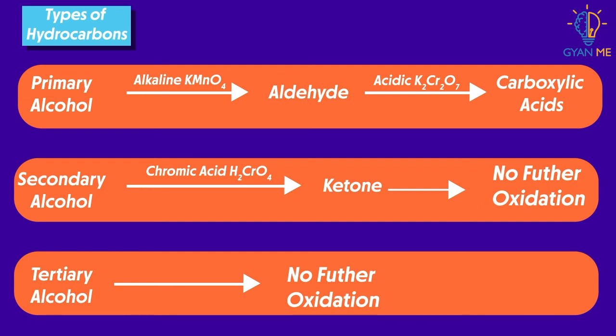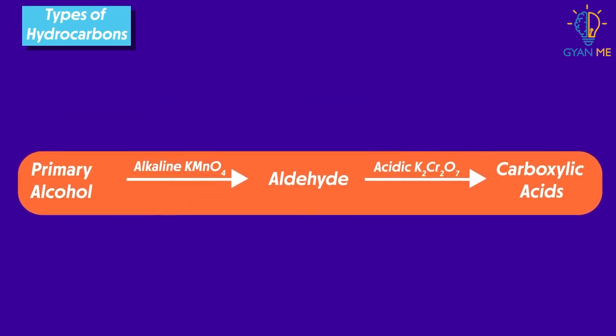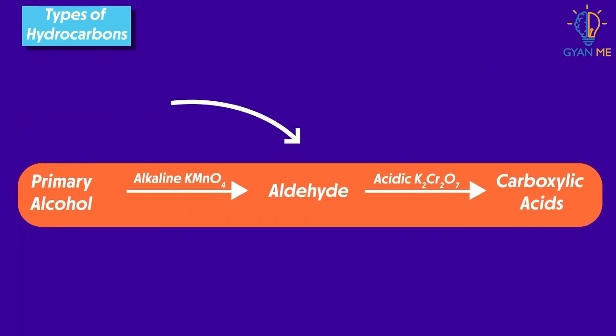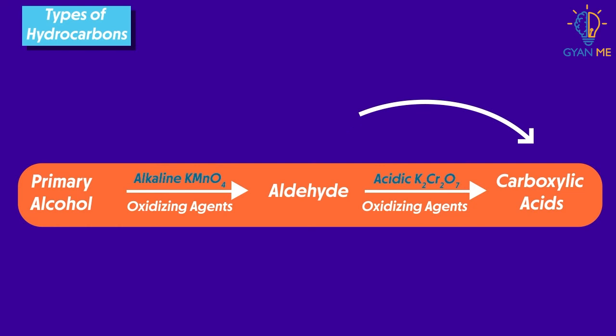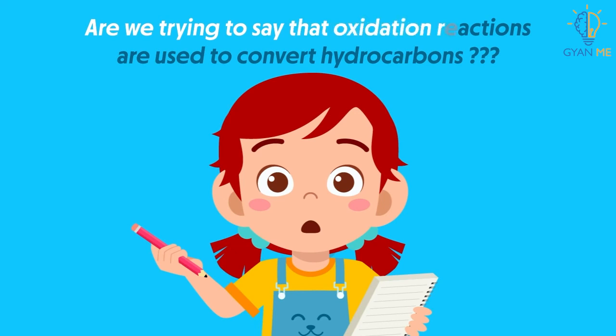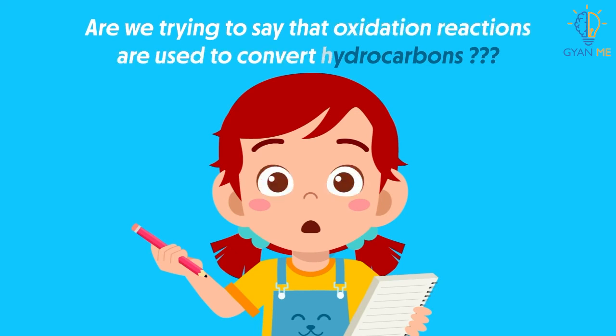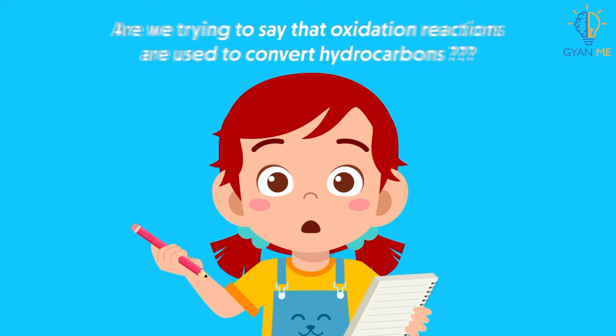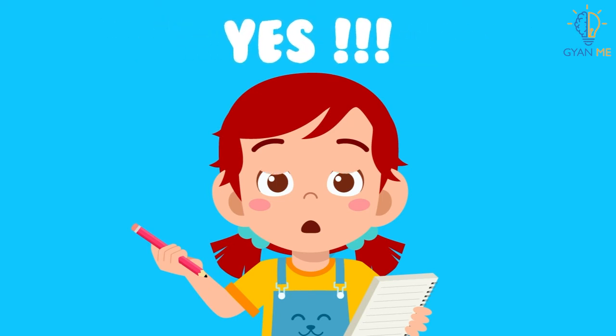So if you observe these reactions carefully, you will see that one functional group gets converted to other functional groups using different oxidizing agents. Then are we trying to say that oxidation reactions are used to convert hydrocarbons? Yes, absolutely.